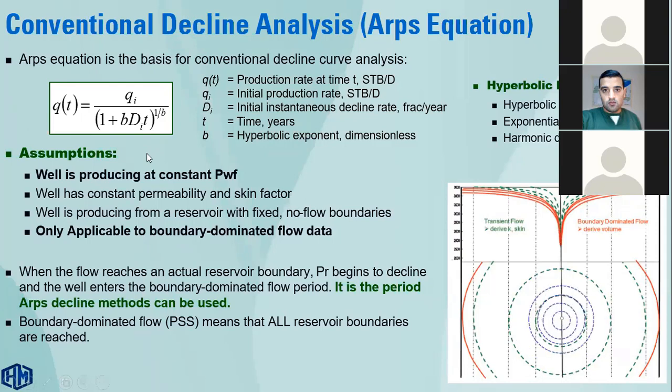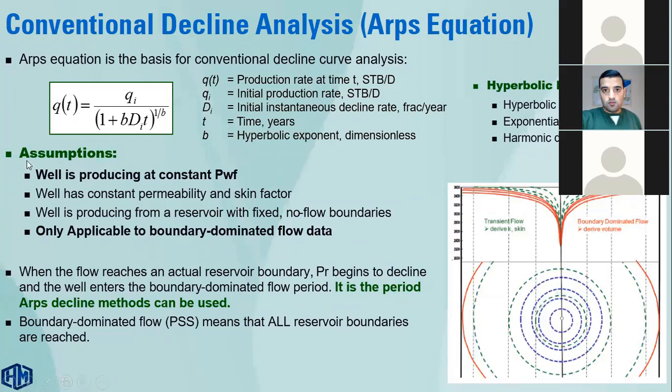We typically have three different forms of this equation based on the value of hyperbolic exponent b: hyperbolic if b is from 0 to 1, exponential if b is 0, and harmonic if b is 1.